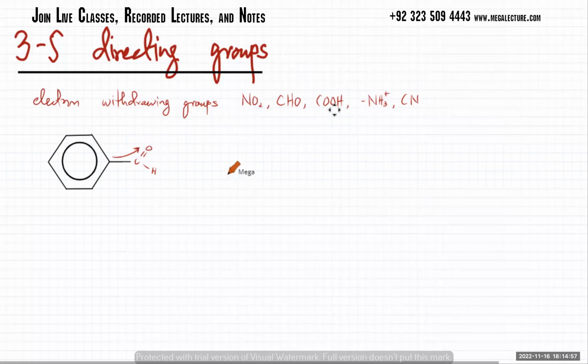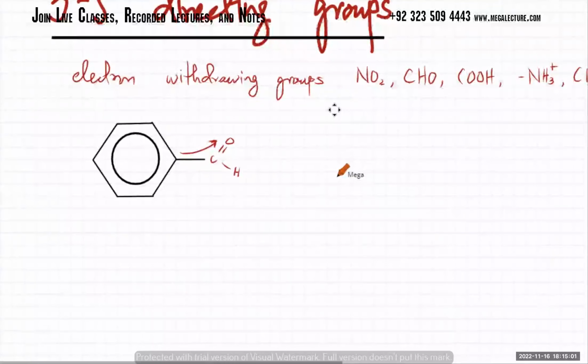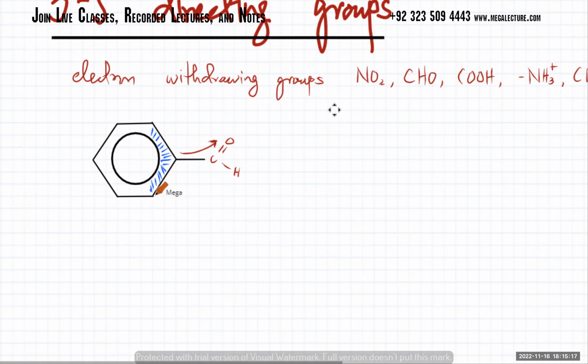The net result would be that the electrons are going to get withdrawn away. तो अब जिन positions पे the electron density was actually higher, on the same positions the electron density would actually be lower.